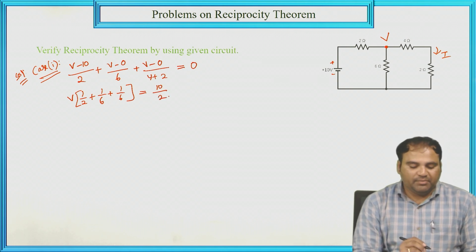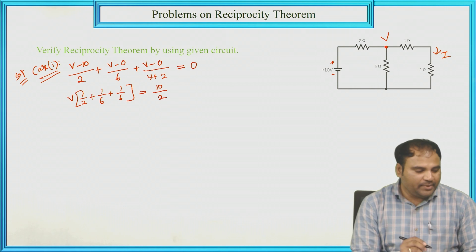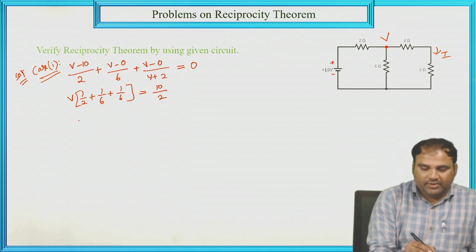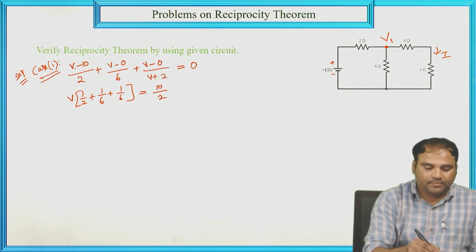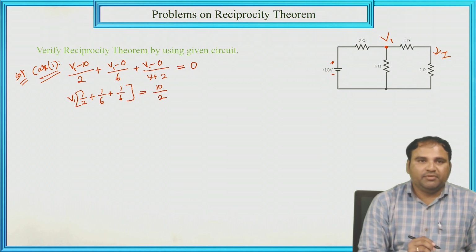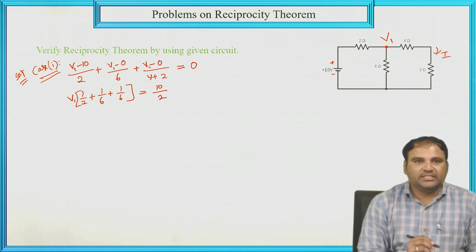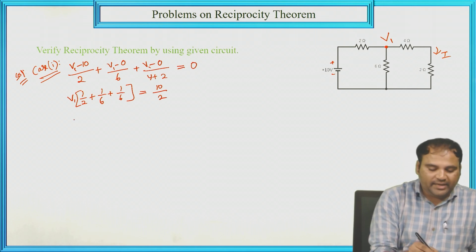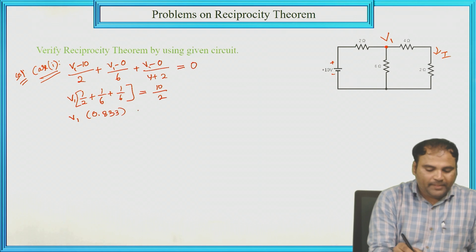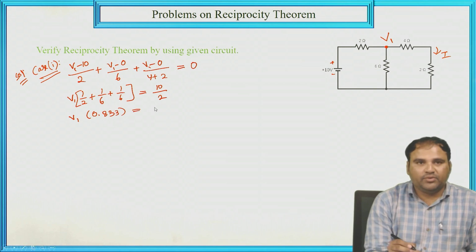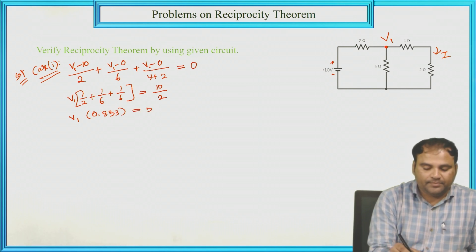By simplifying 1 by 2 plus 1 by 6 plus 1 by 6, we get V1 into 0.833, which is equal to 10 by 2, that is 5.